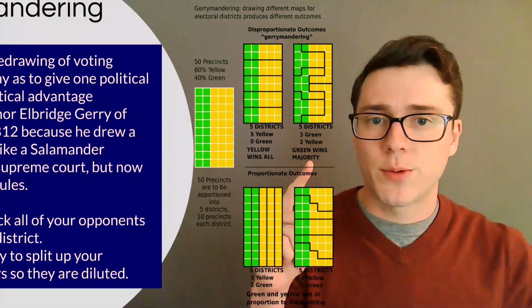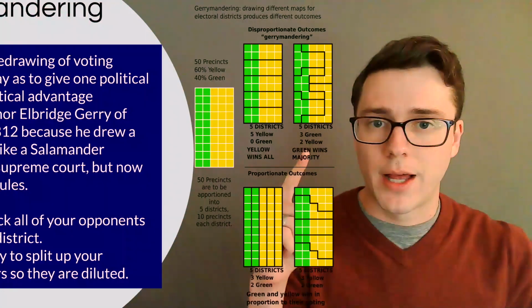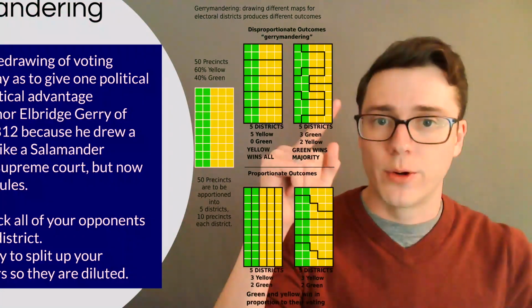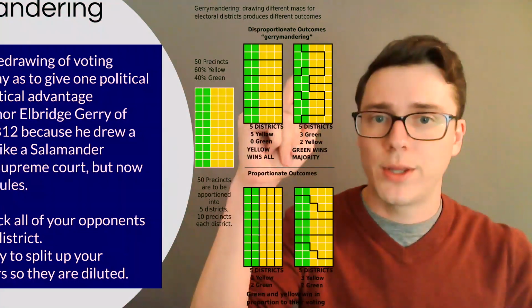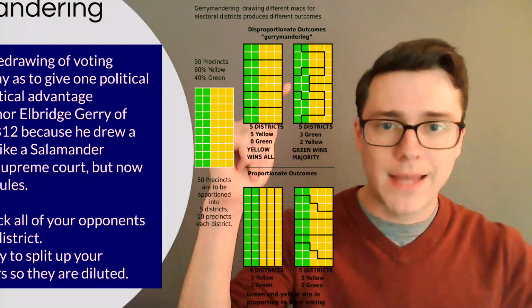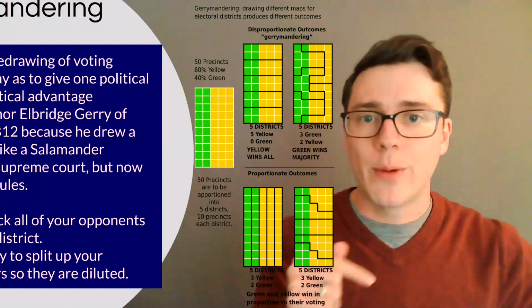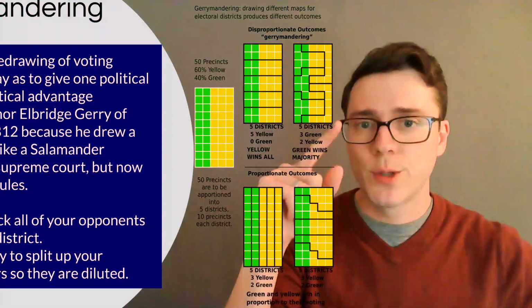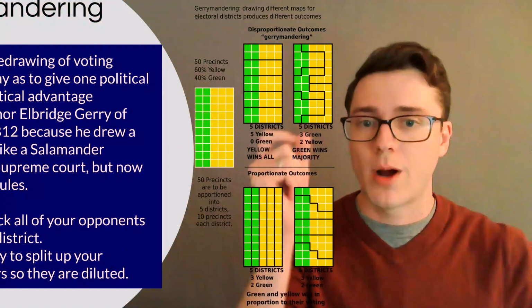But then if we look at this one, where green draws the lines, green may draw it so they pack all of yellow's voters into those 2 thin districts on that side, and then they take 3 representatives. So they would have the majority despite only getting 40% of the vote. So both those are examples of gerrymandering where you draw the lines.